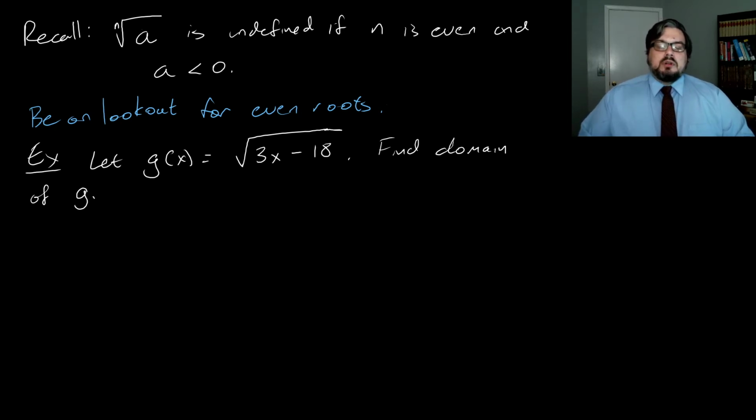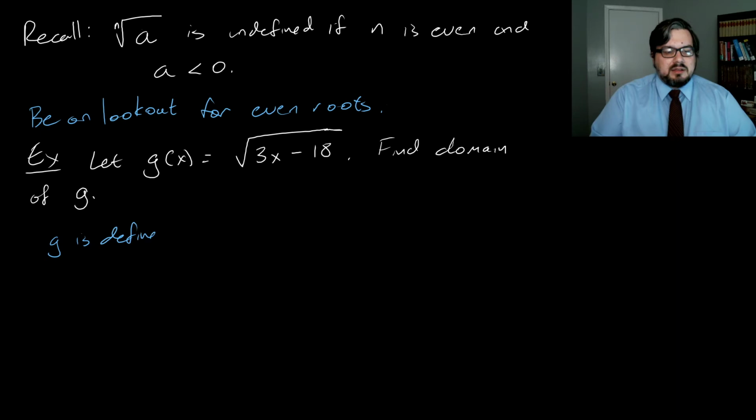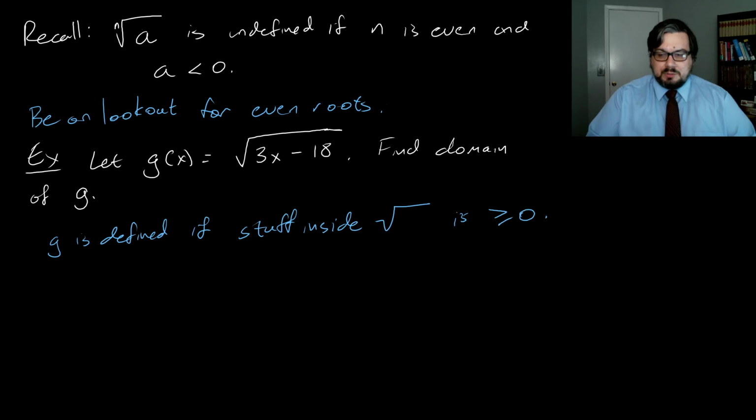So for problems involving roots, even roots, we're not going to solve for the bad stuff the way that we do with denominators. We're going to solve for the good stuff. We're going to solve for the x's that are in the domain, that do make the function defined. So note that g is defined if the stuff inside the square root is greater than or equal to 0.